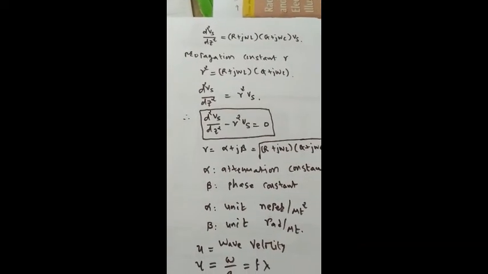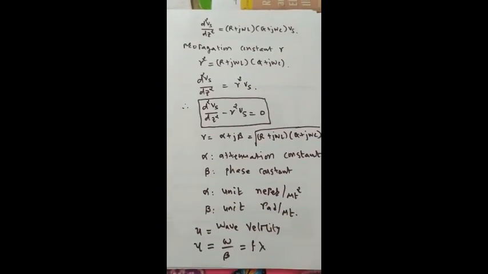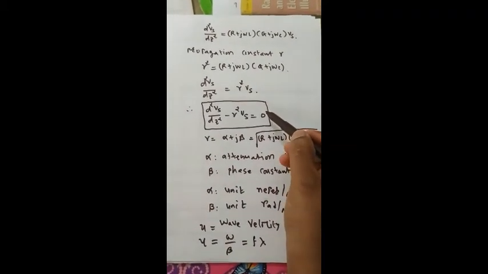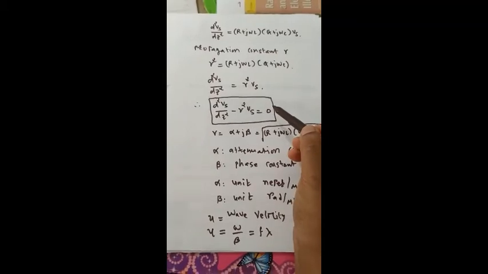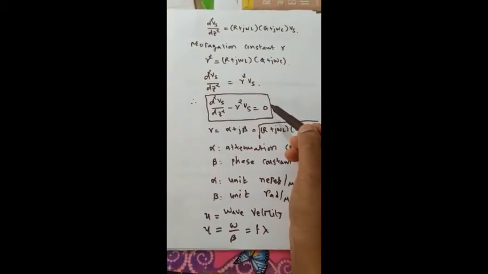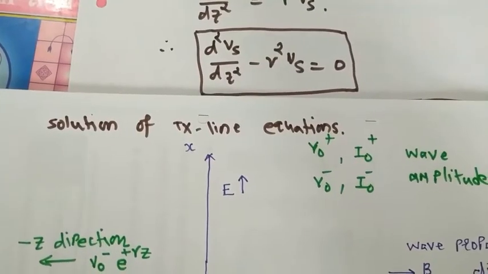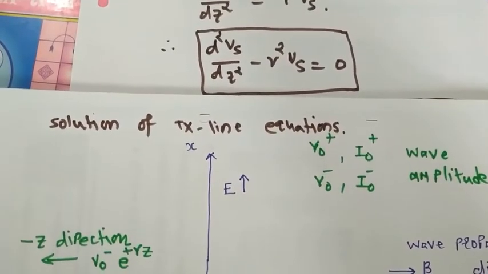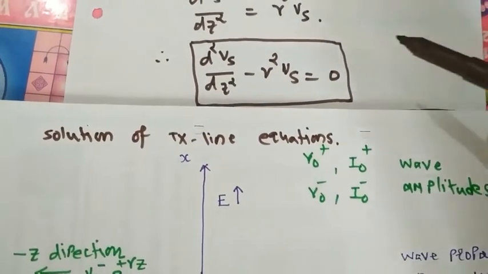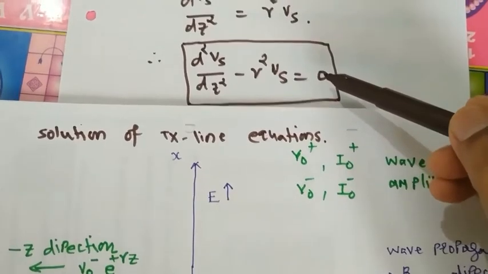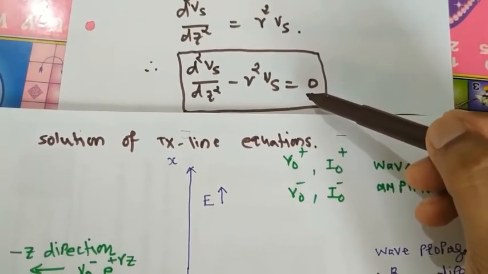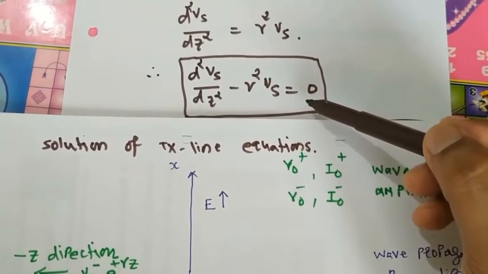So now let us find out the very first solution of these equations. Let us see the solution of these double differential equations. Our objective here is to find out the solution of the transmission line equations in terms of the propagation constant gamma.